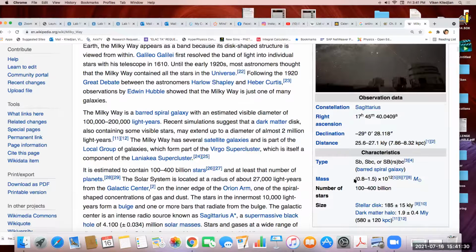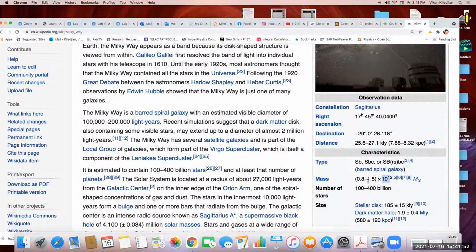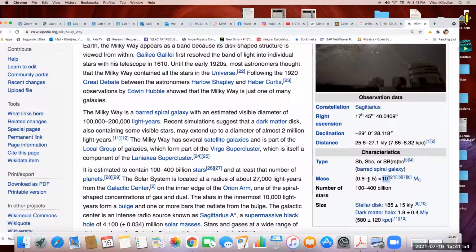So here it is. It tells you the approximate mass of the Milky Way. So you see, we still don't know. It's anywhere from 0.8 to 1.4 times trillion. 10 to the 12 is a trillion times mass of the sun. This is the symbol for solar mass, one mass of the sun. You see? So it could be anywhere between 0.8 to 1.5 that the whole Milky Way contains.